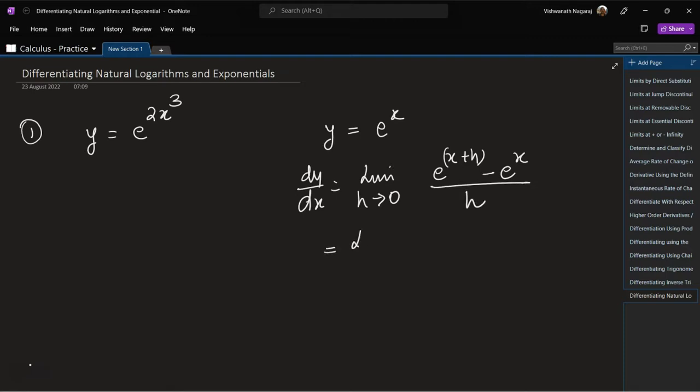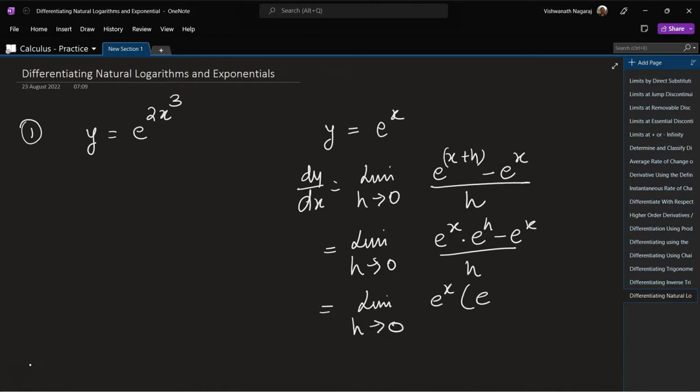This can be written as the limit as h approaches 0 of e to the power of x times e to the power of h minus e to the power of x, by h. This becomes the limit as h approaches 0 of e to the power of x is common, so e to the power of h minus 1 by h.